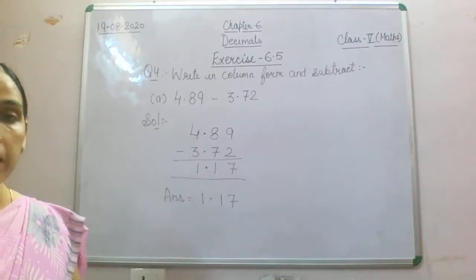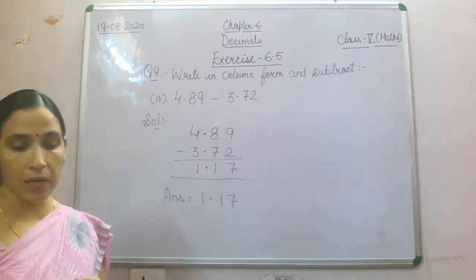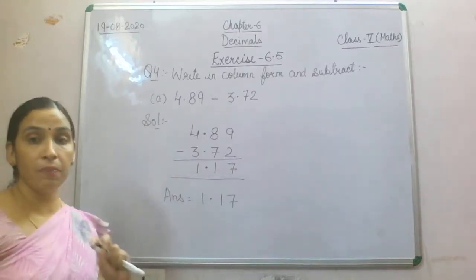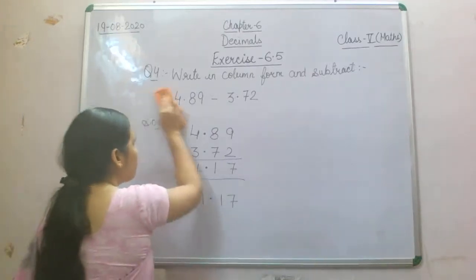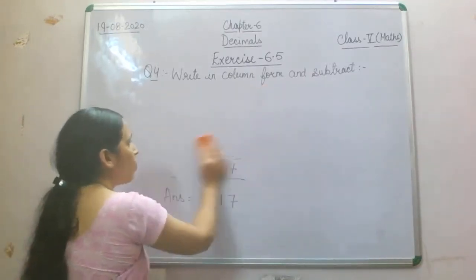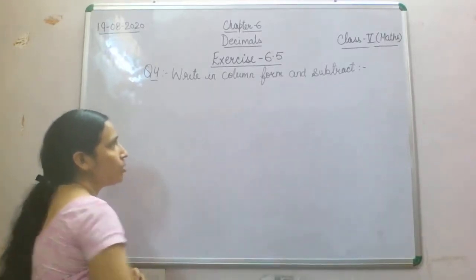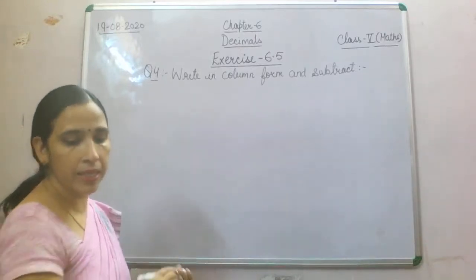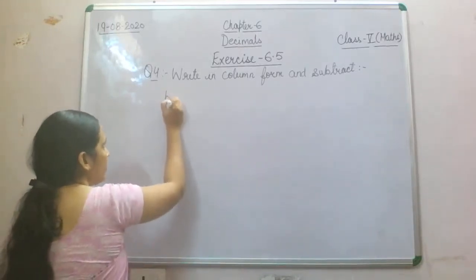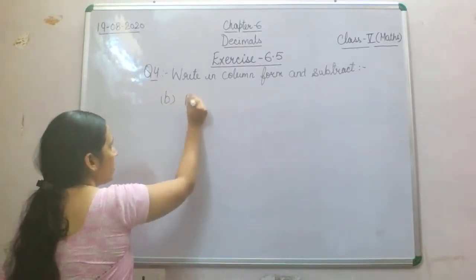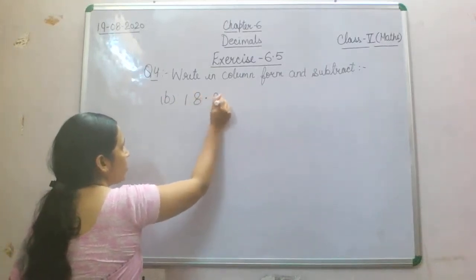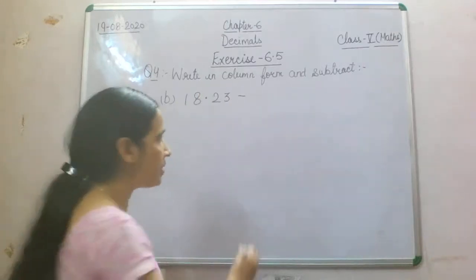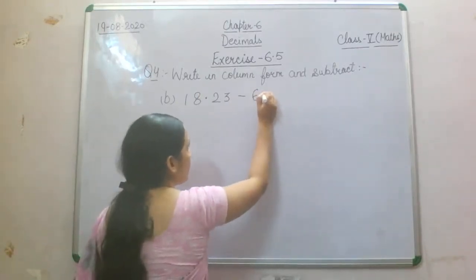Now B part. Let's see B part. B part is also quite simple, but here the decimal part is smaller. So in that we will borrow. Fine. So let's start our B part. B part is 18.23 minus 6.32.